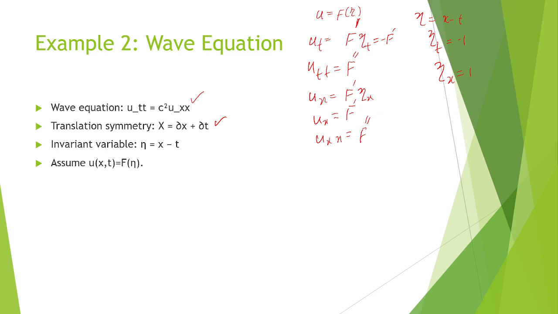Now let's put the values over here. This u_tt equals c squared u_xx, so u_tt is f double dash is equal to c squared times u_xx, which is also f double dash, so that implies (1 minus c squared) f double dash equal to 0.